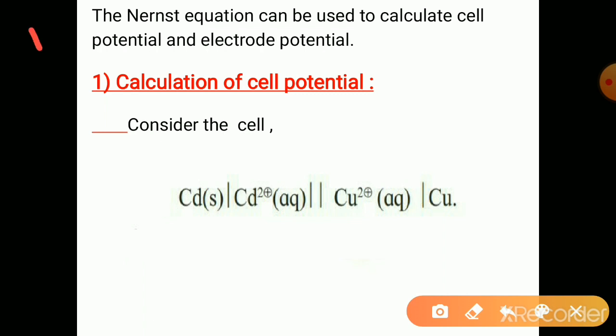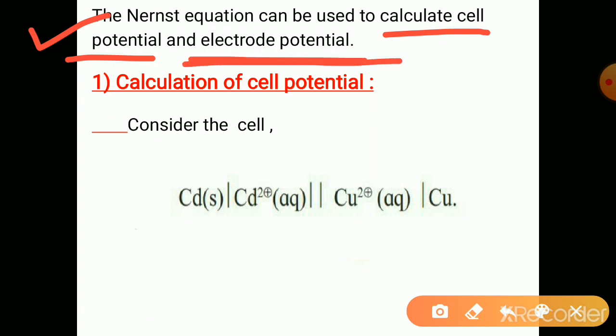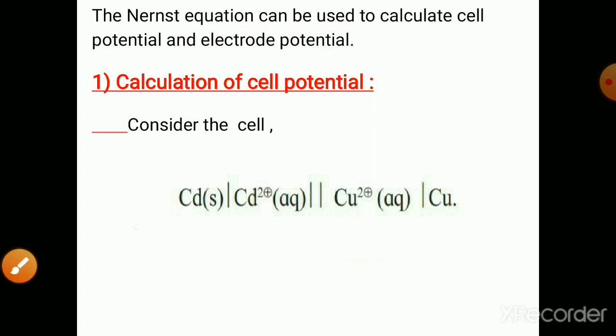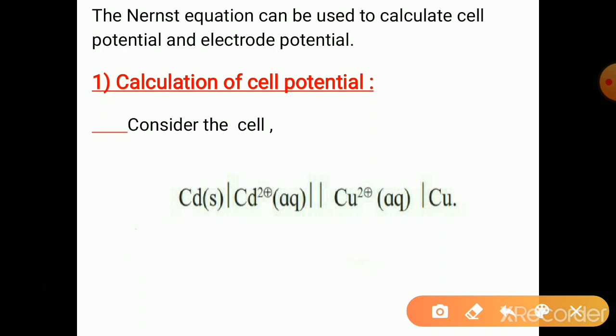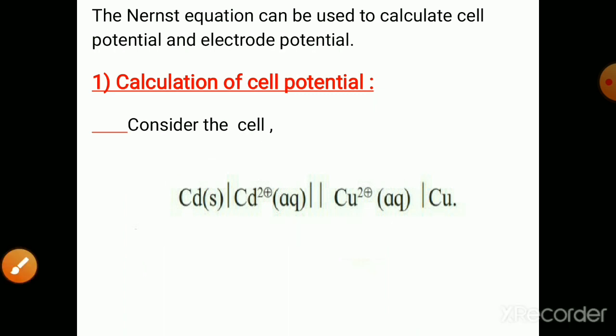From the Nernst equation, we can calculate the cell potential as well as the electrode potential. First, calculation of cell potential. We need to understand the cell reaction from the cell representation. This is the cell representation given.